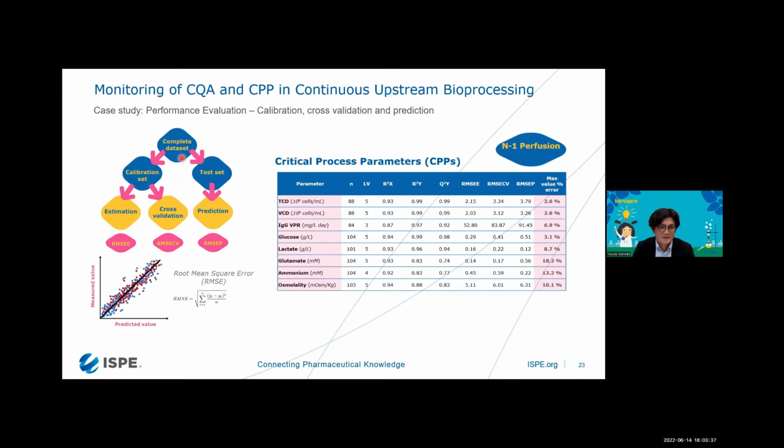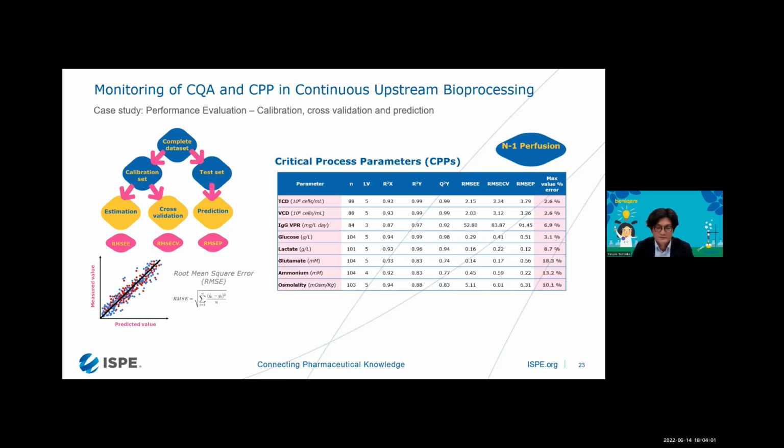The data set was divided into two sets: the calibration set and the test set. From the calibration set, we develop a chemometric model and estimate the root mean square error and the root mean square error of cross validation. For the test set, we estimated the root mean square error of prediction as a validation.